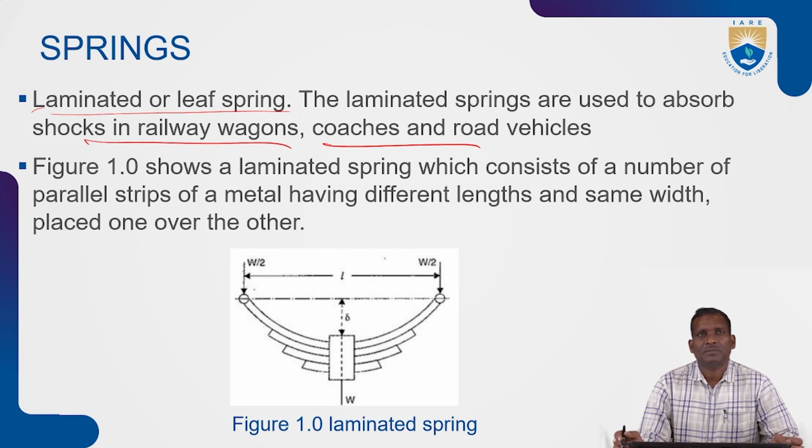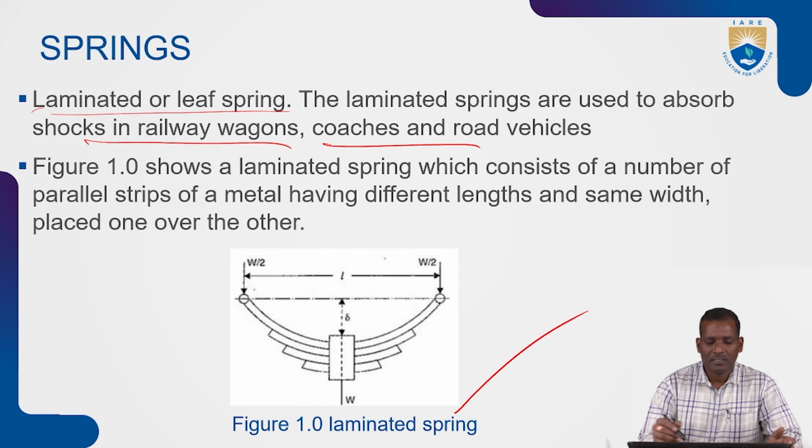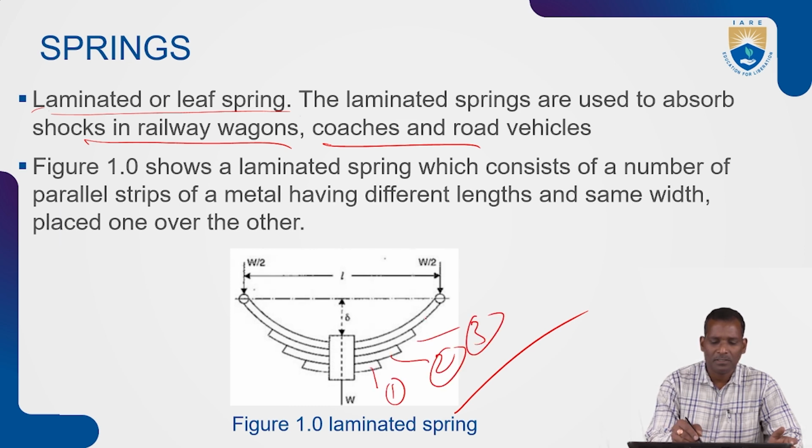shocks. In figure 1, the laminated spring is shown. It consists of a number of parallel strips of metal having different lengths and the same width, placed one over the other. This is one plate, and the second and third; this is the master plate, or master leaf.